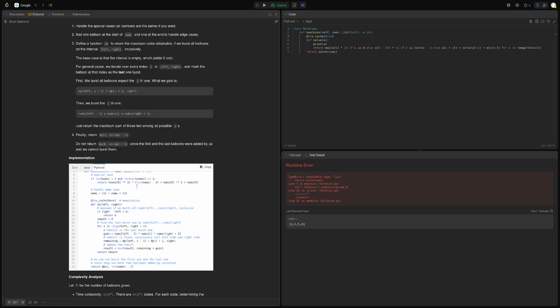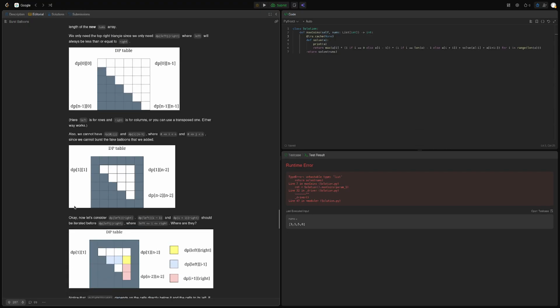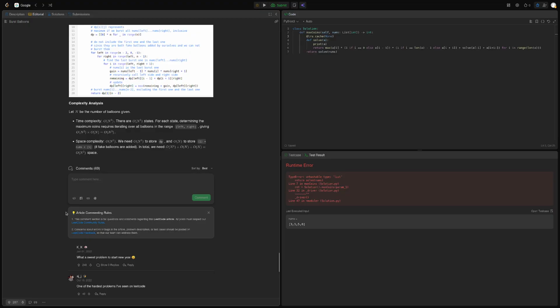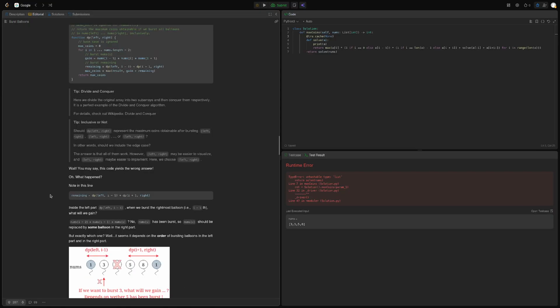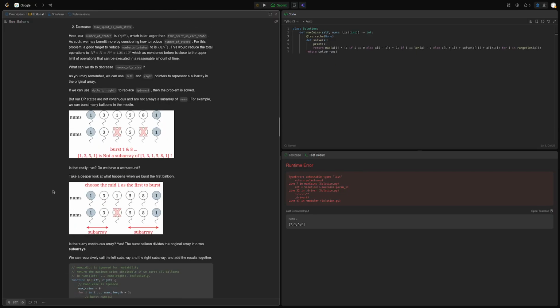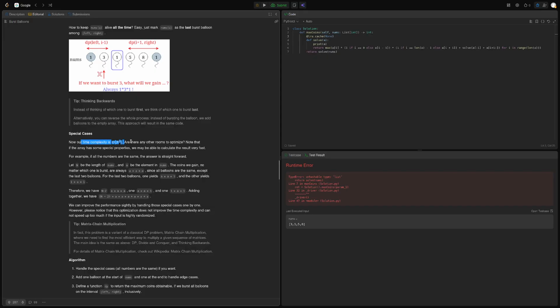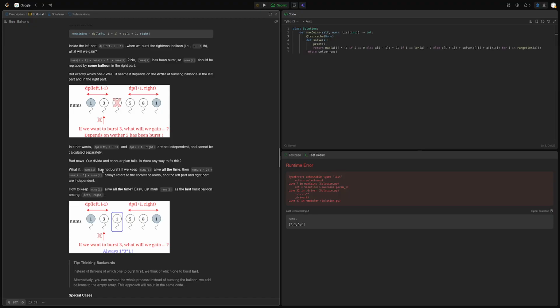What the hell? All the time, and then how to keep the last burst balloon.